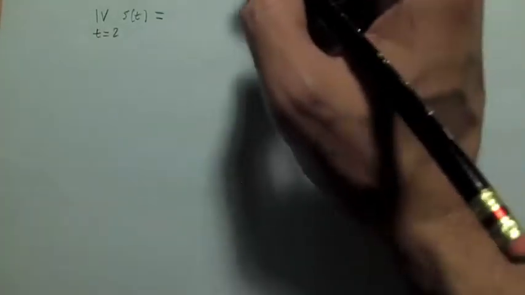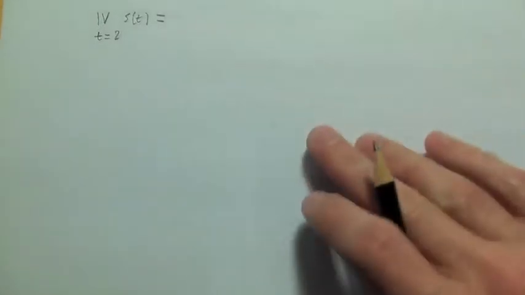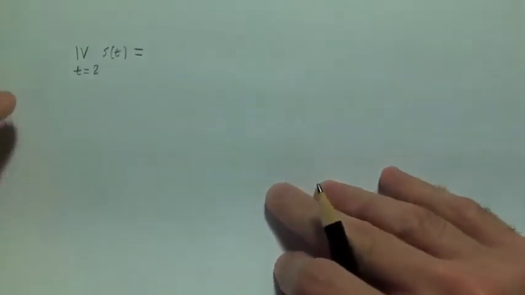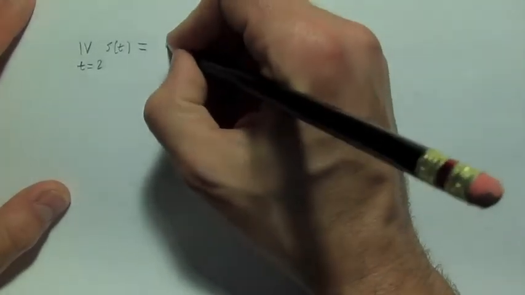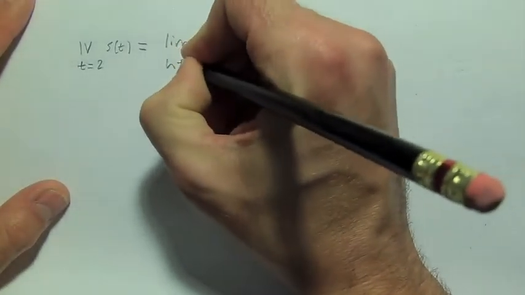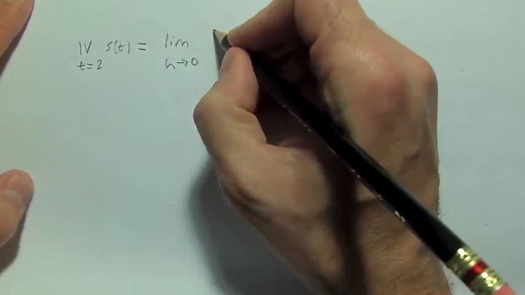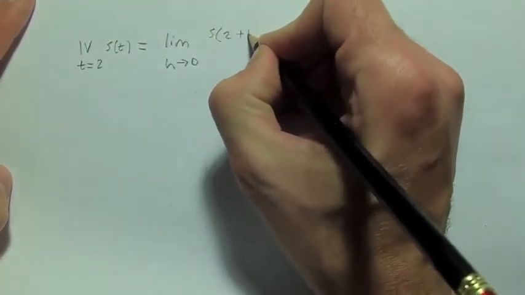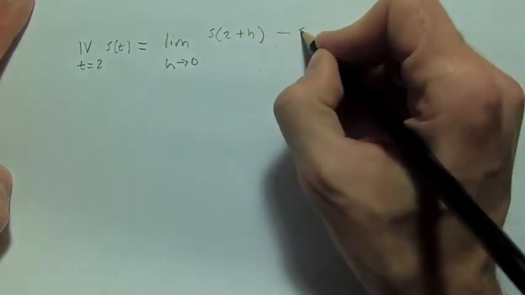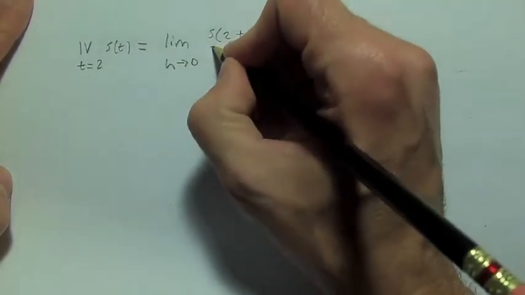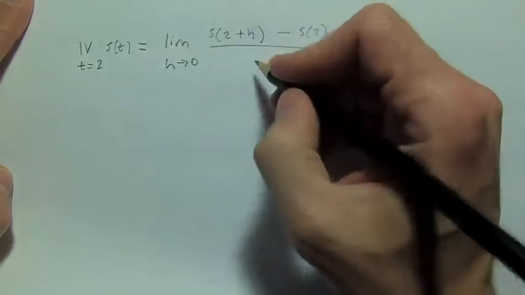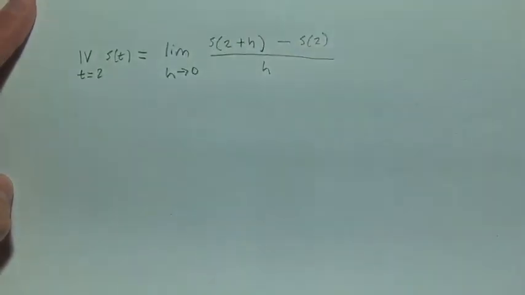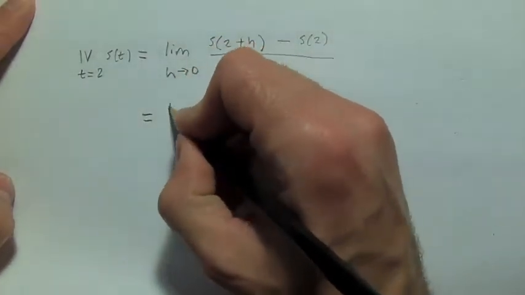So this is going to be the limit as h goes to 0. I'm just writing out the definition, s of 2 plus h minus s of 2 all over h. And we're going to simplify this out. Calculate this limit.